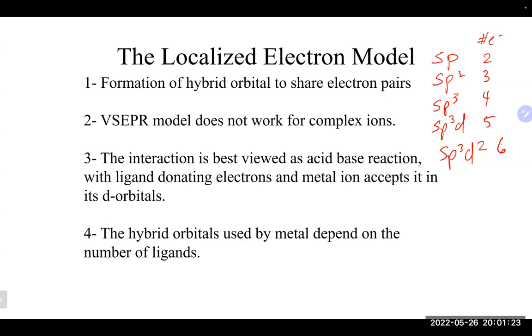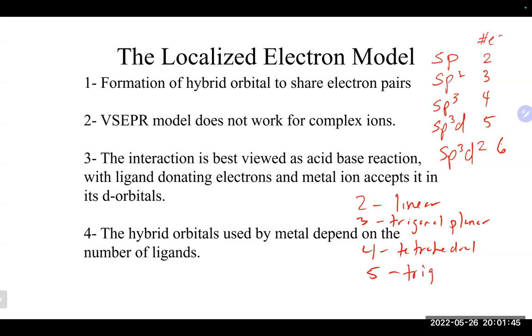Those correspond to a linear geometry for 2, trigonal planar for 3, tetrahedral for 4, trigonal bipyramidal for 5, and 6 is octahedral.